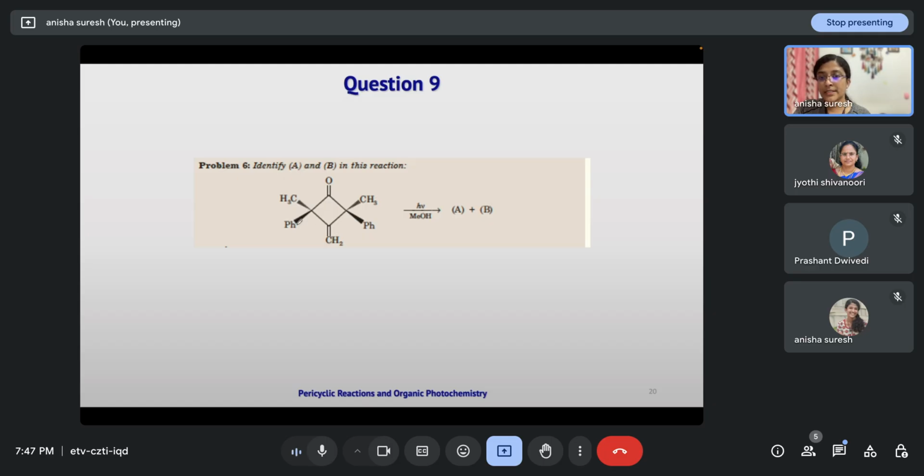So this is the beta bond and this is the alpha bond. CH3 is alpha, phenyl is beta. So here also a Norrish type 1 sort of reaction is taking place.